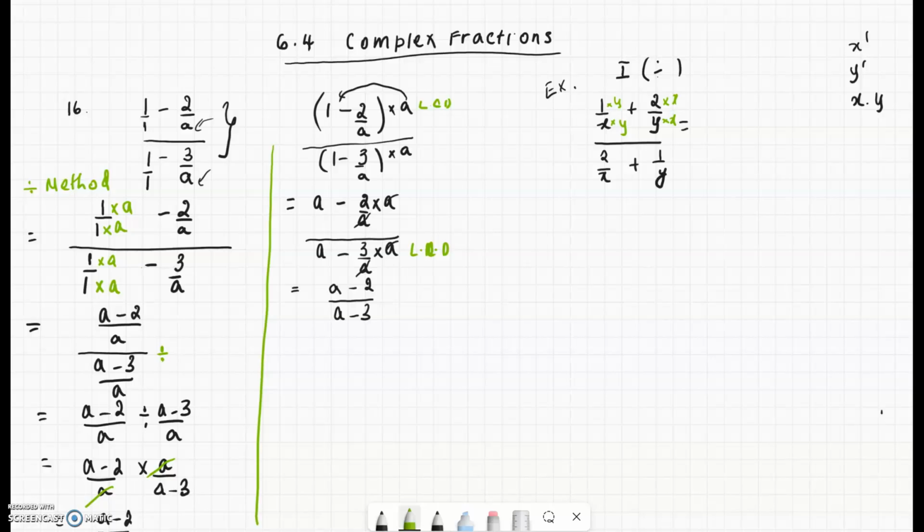So that's how I have a common denominator, which is xy, and the numerator I have y plus 2x, the whole divided by, and we do the exact same thing in the denominator.